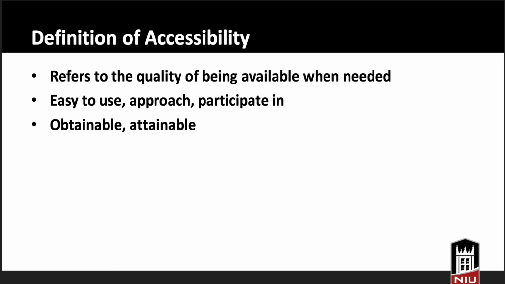That leads right into the second one, which is that accessibility is all about ease of use: that they can interact with this content and these resources, approach and participate in any of the activities you have planned for the course, and that everything is obtainable and attainable.